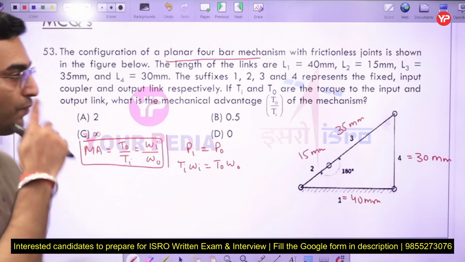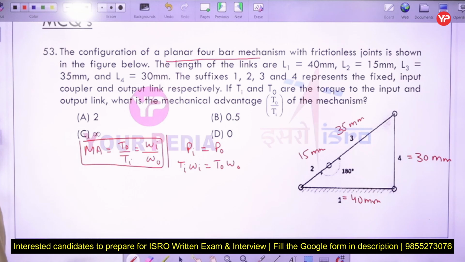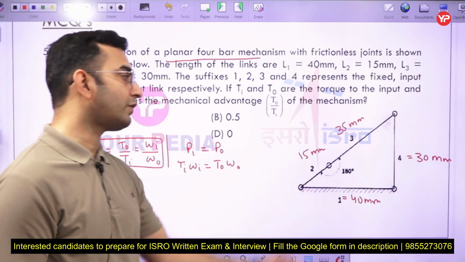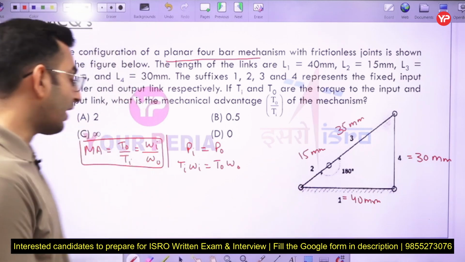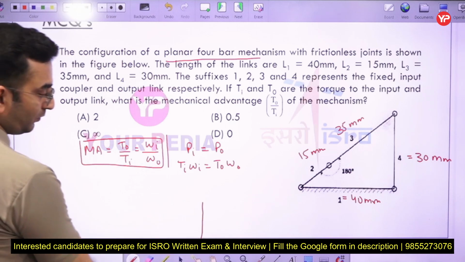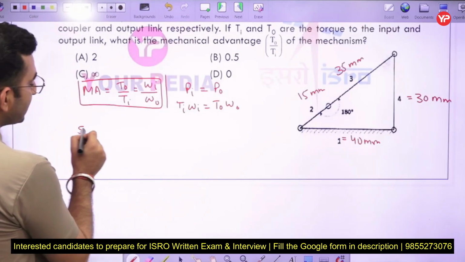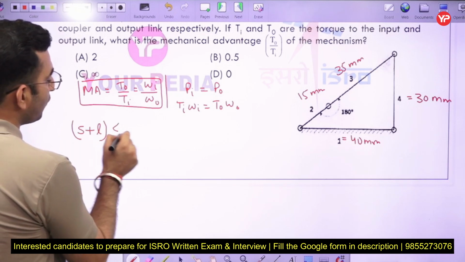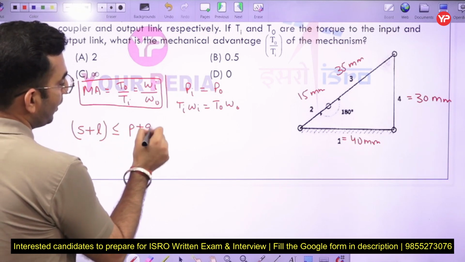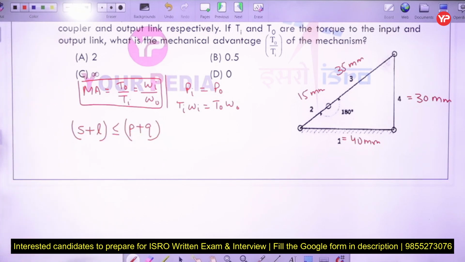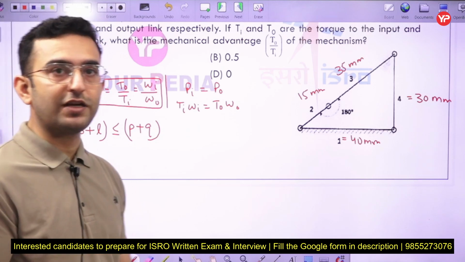In order to calculate that, first of all we have to check whether the Grashof law is satisfied or not. And what is the Grashof law? Grashof law simply states that S plus L has to be equal to or less than P plus Q, where S is representing the length of the shortest link and L is representing the length of the longest link.